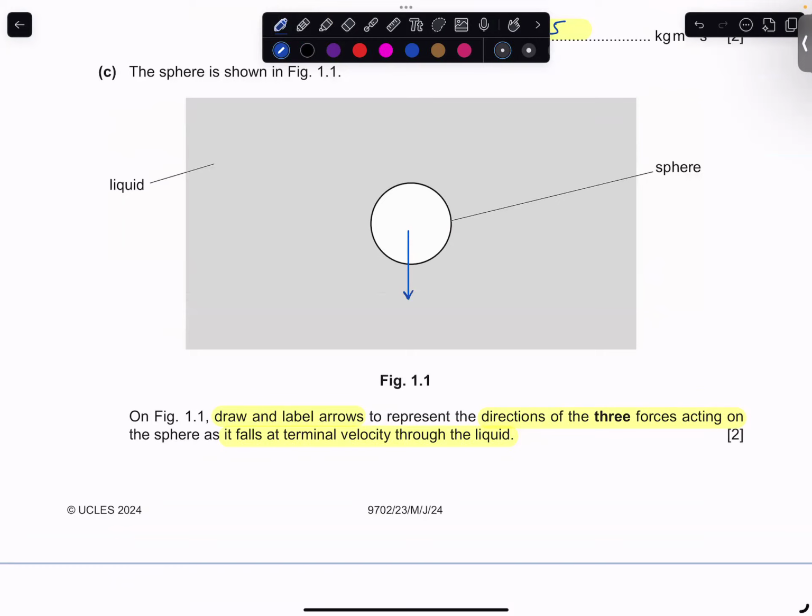This object is falling down because of its weight, and drag force because of its downward motion is always up. So I will write drag force as Fd. Water will also exert a force, named upthrust. Its direction is also upward.